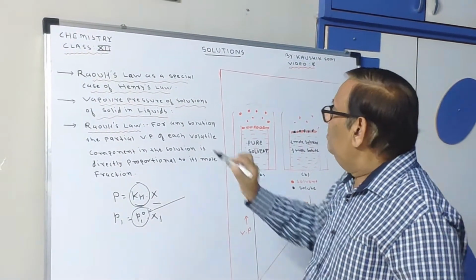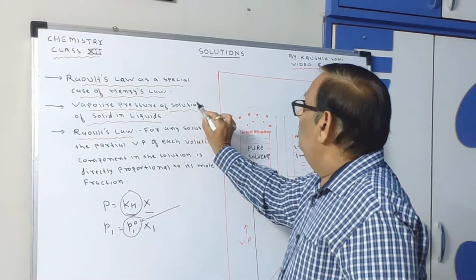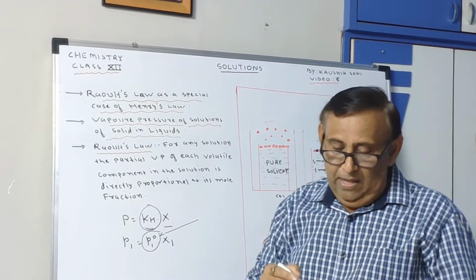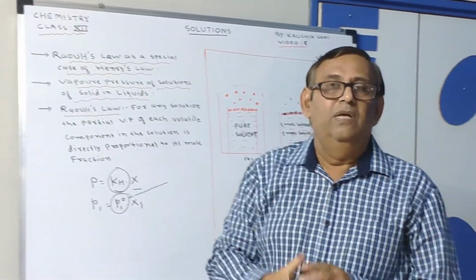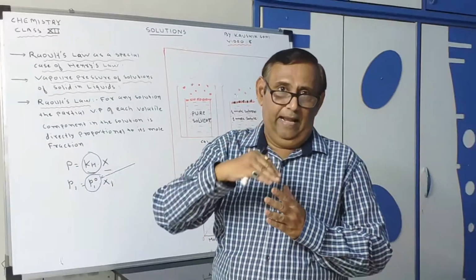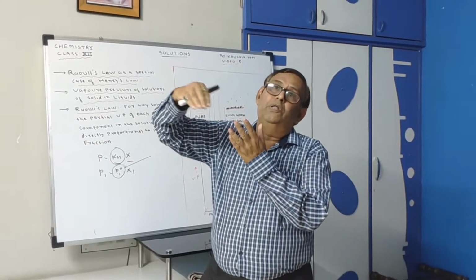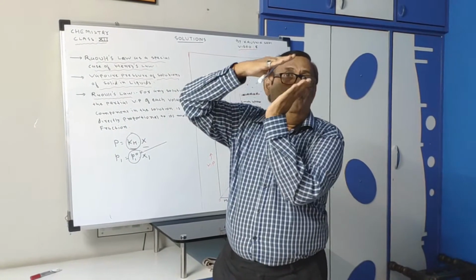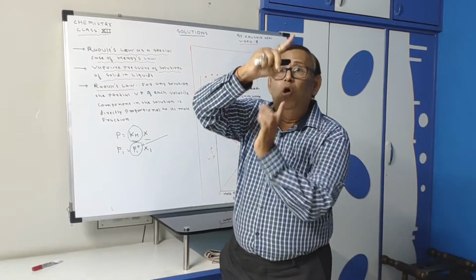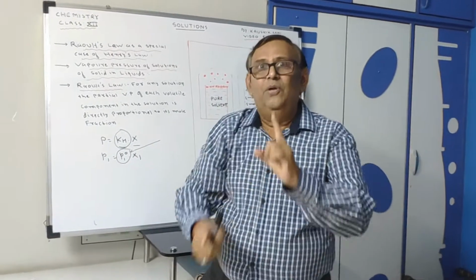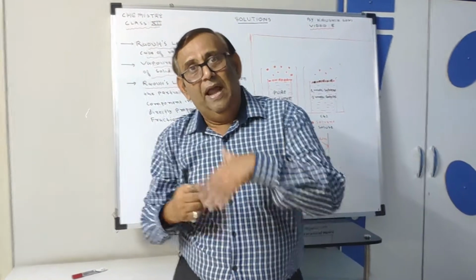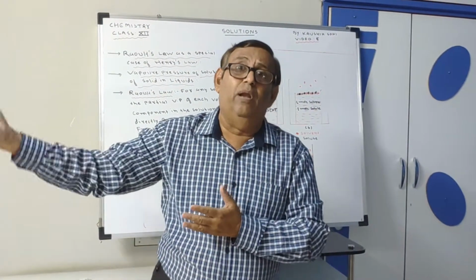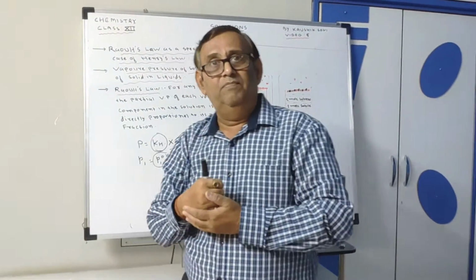Now the second point: vapor pressure of a solution of a solid in a liquid. When a non-volatile solid dissolves in a liquid solvent, the vapor pressure of this solution depends only on the volatile component, which is the solvent, because the solid is non-volatile.